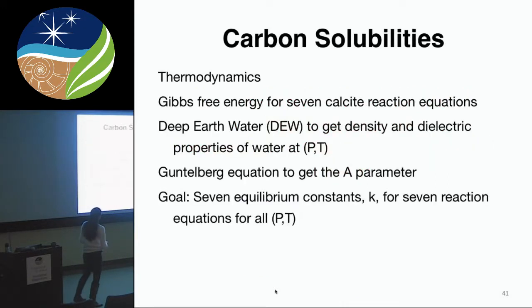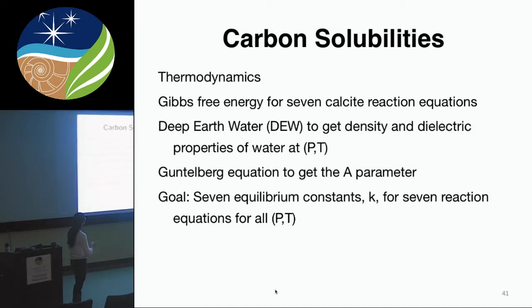That's incredible. So one of the first things I need to do is figure out the carbon solubilities at subduction zones. I'm working with models from Peter van Keken to understand, okay, you have a domain of a subducting slab, and you have pressure and temperature across the board. What is the Gibbs free energy for the seven calcite reaction equations, given the pressure and temperature in this domain?